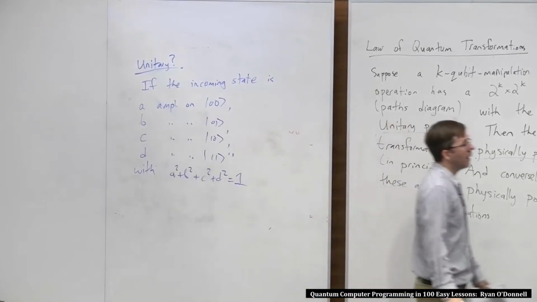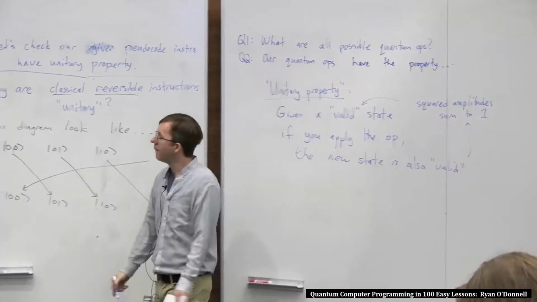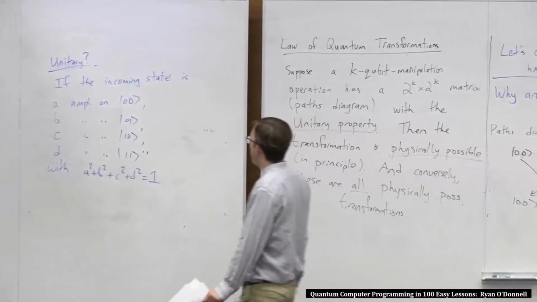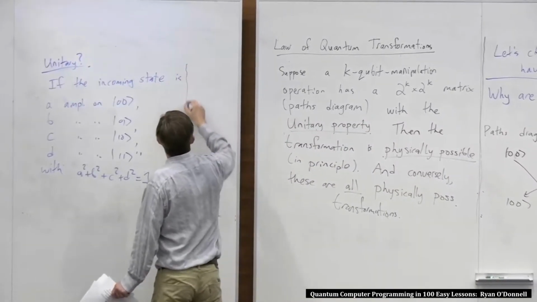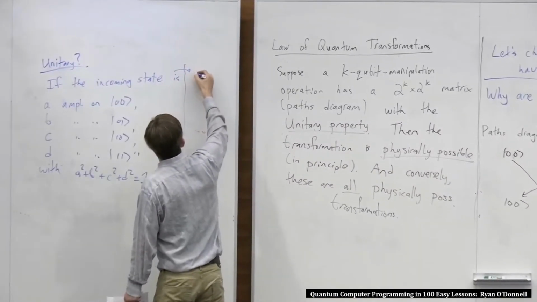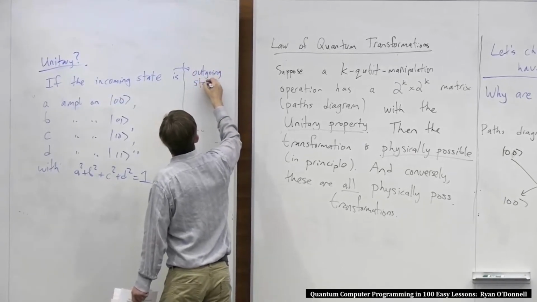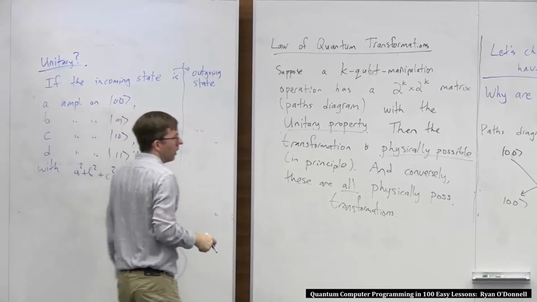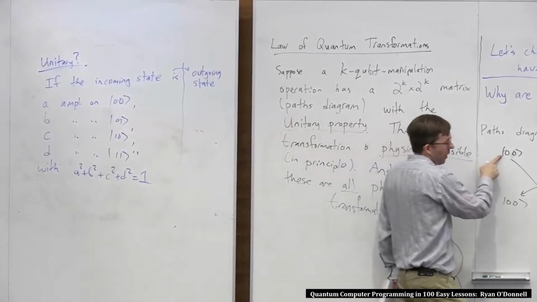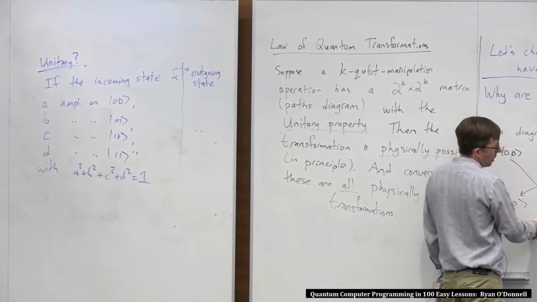So it's like saying, if you're given a valid state where the squared amplitudes add up to 1, well, then in the outgoing state, if you have A amplitude on 0, 0, then you get A amplitude on 0, 1.